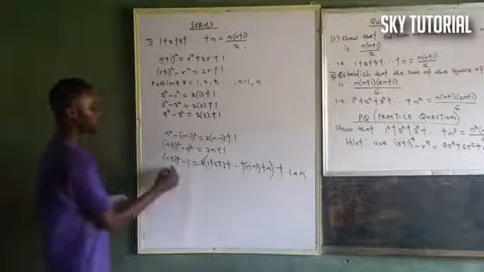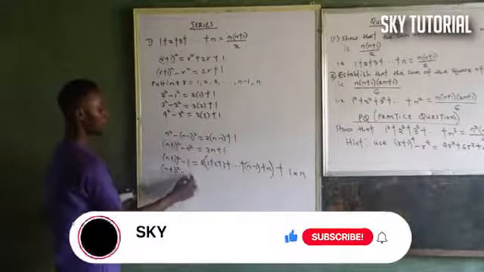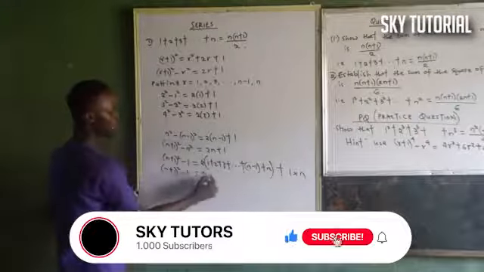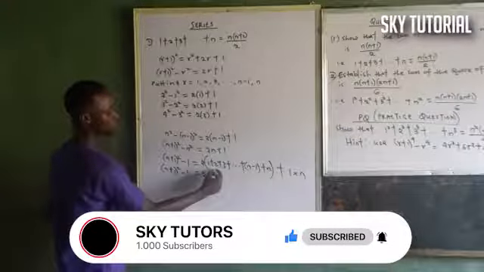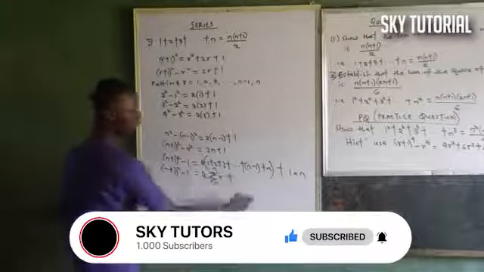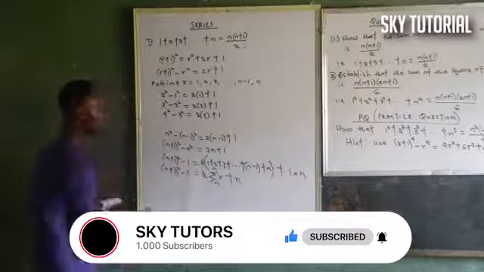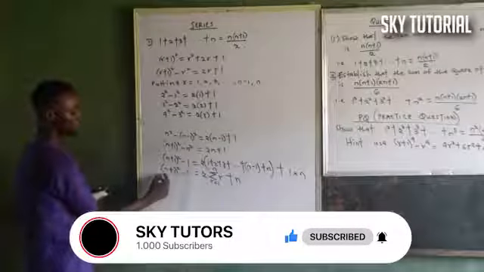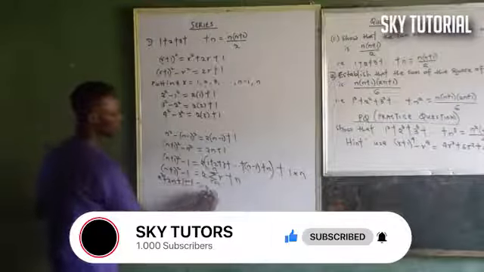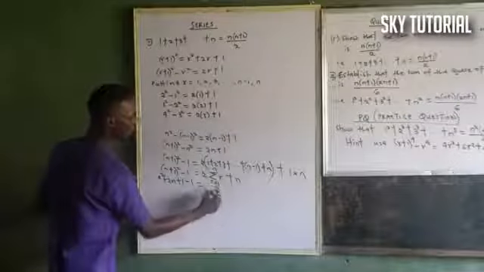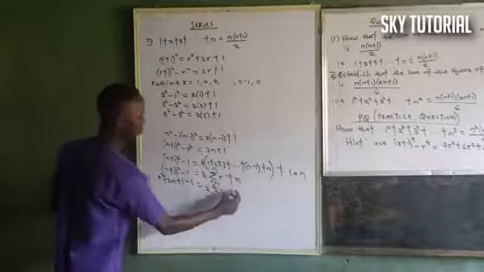So we have n plus 1 whole squared minus 1 equal to summation of r from r equals 1 to n of r, plus n. When I expand this, I have n squared plus 2n plus 1 negative 1 equal to summation r equals 1 to n of r plus n.